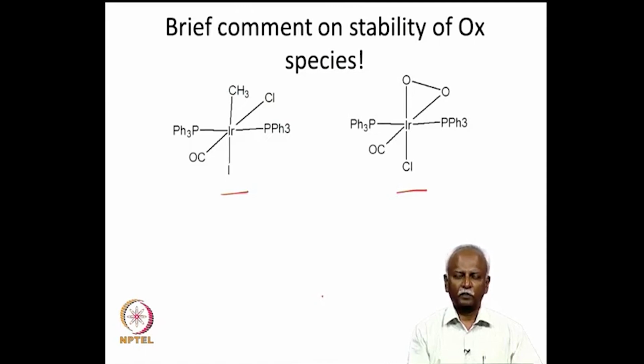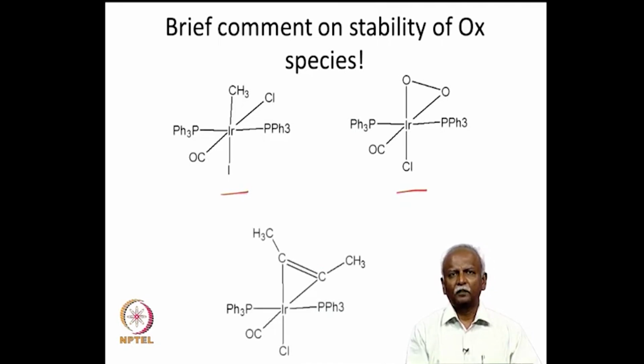Electron withdrawing groups at the same time have pi electrons, which are pi donor atoms, and so they stabilize the higher oxidation state. So, the oxidative addition proceeds from left to right in a very exothermic fashion.